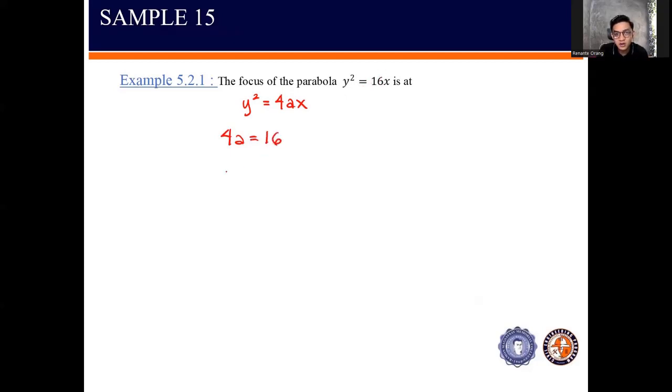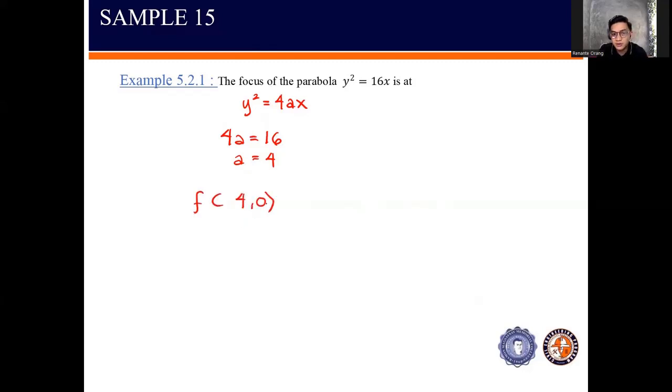So therefore, we will divide yung right tsaka left natin into 4. So, 16 divided by 4 is equivalent to 4. Ayan. So, ang A po natin is nasa 4. So, take note, pag nasa y squared natin, A is our parang x na coordinate. So, therefore, our focus is equivalent to 4 and 0.